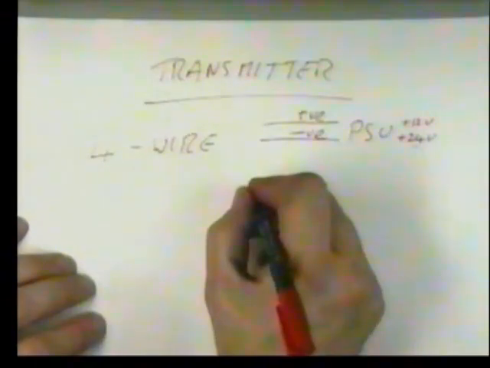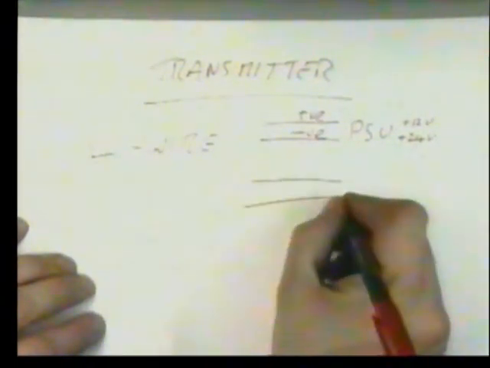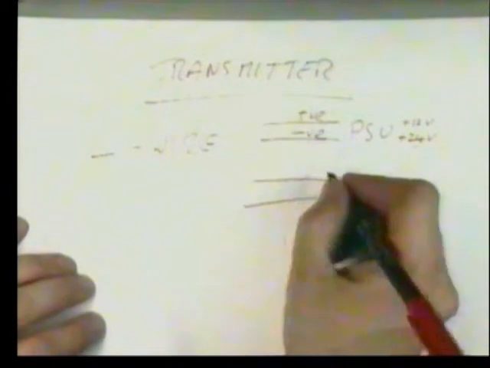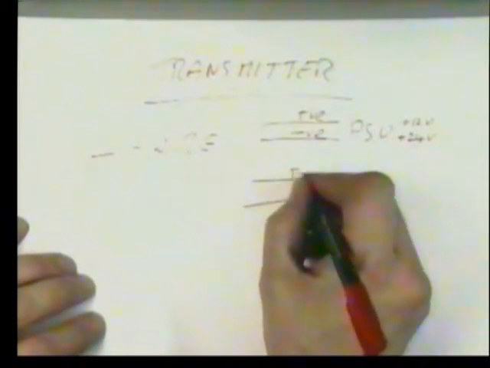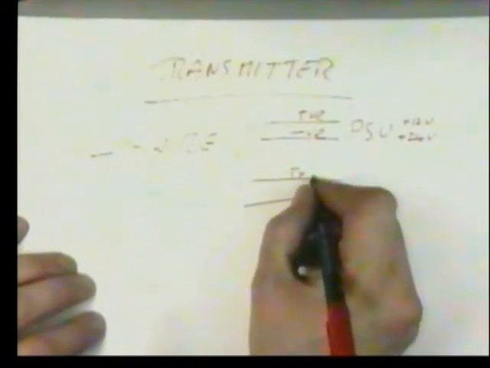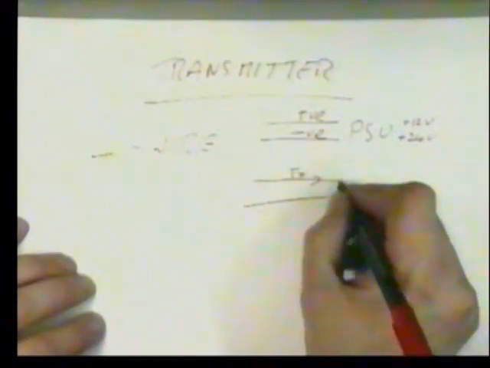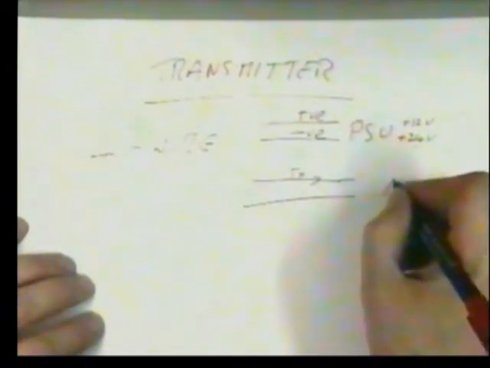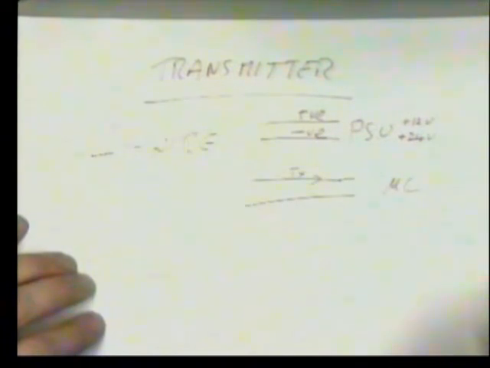The other two wires are the transmission loop. Now transmission only occurs in one direction, from the transmitter to the microcomputer. So over here we have our microcontroller, our microcomputer that reads the information back.